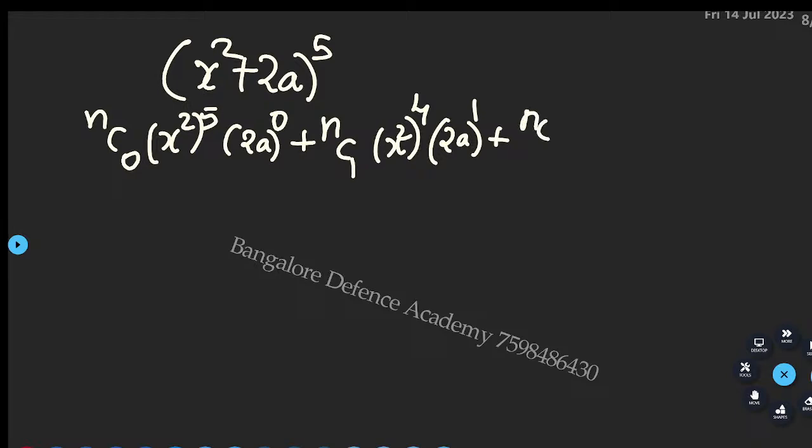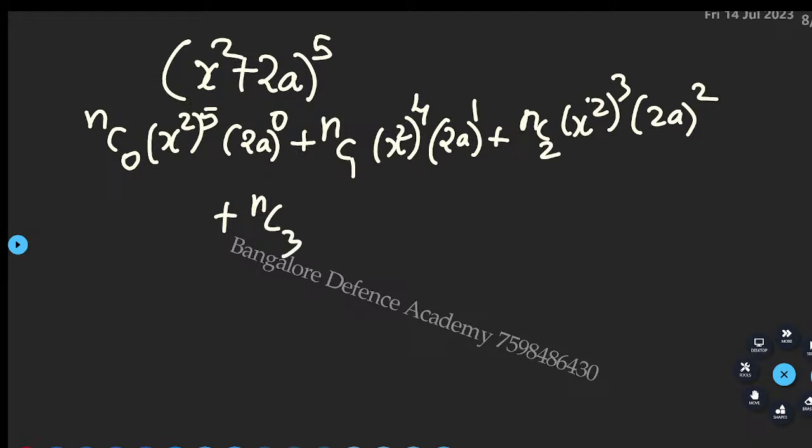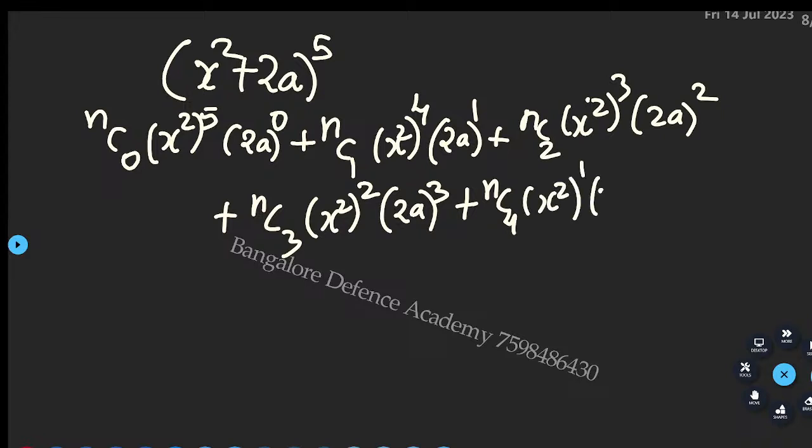Next, NC2, x square to the power of 3 2a to the power of 2. Correct? Next, plus NC3, x square to the power of 2 and 2a to the power of 3. Next, NC4, x square to the power of 1 and 2a to the power of 4. And the last, NC5, this is x square to the power of 0 and 2a to the power of 5.